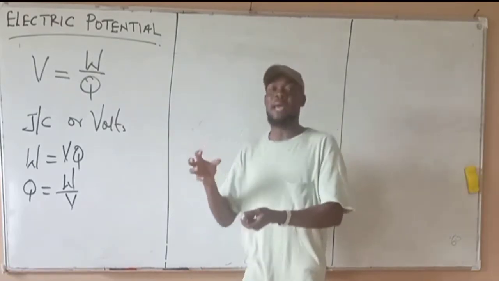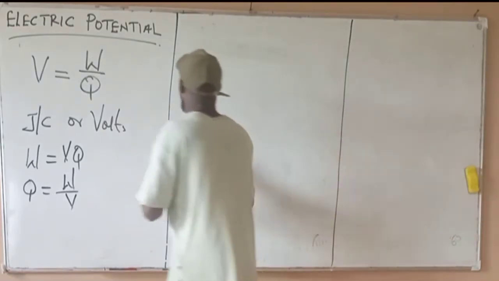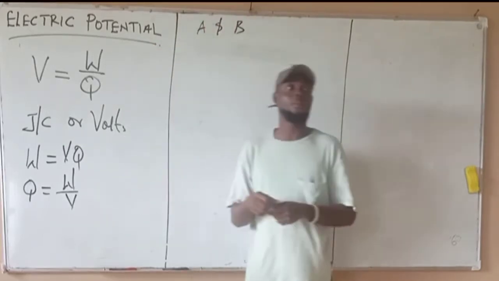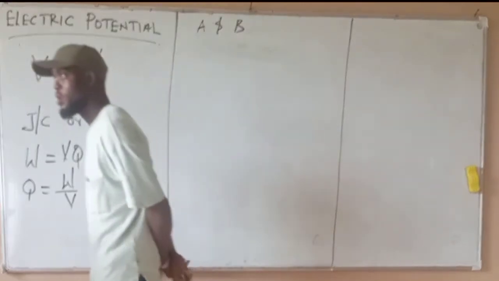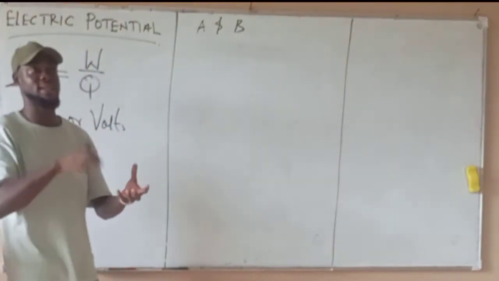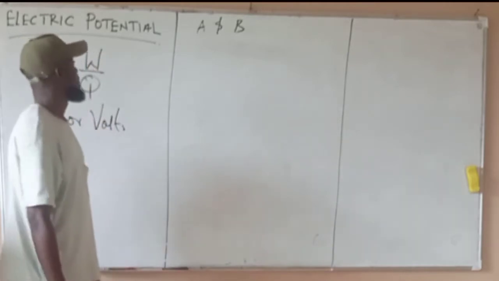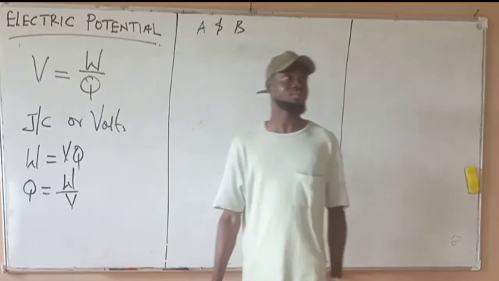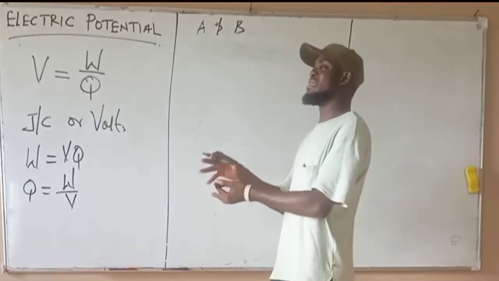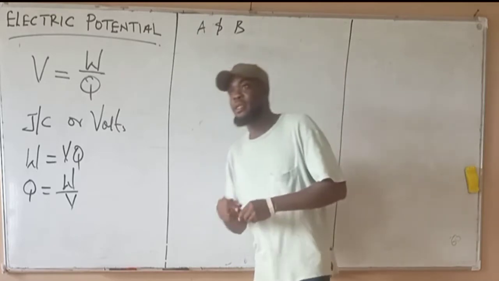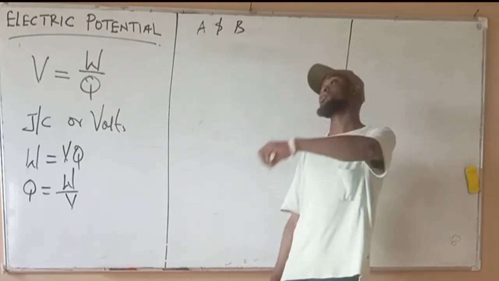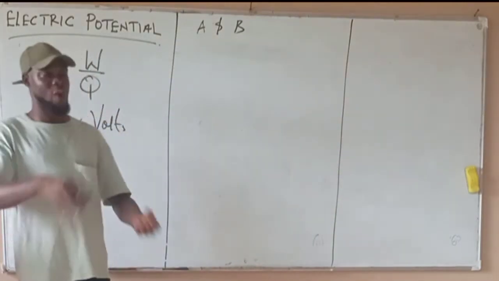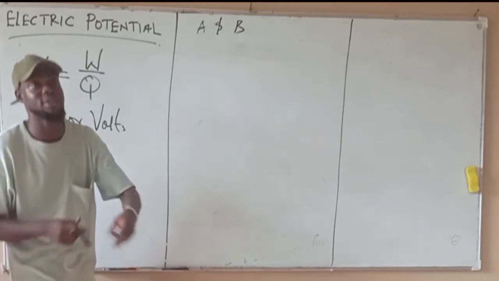Now, the potential difference between 2 points A and B is defined as the ratio of change in potential energy to charge.